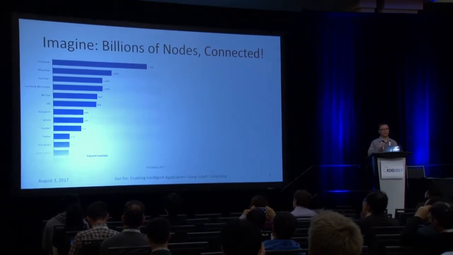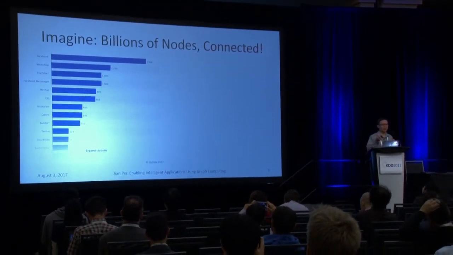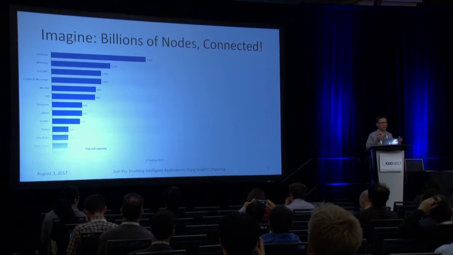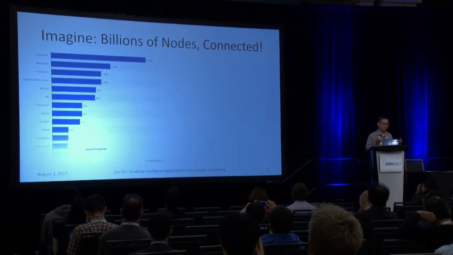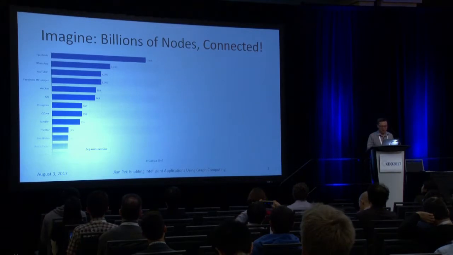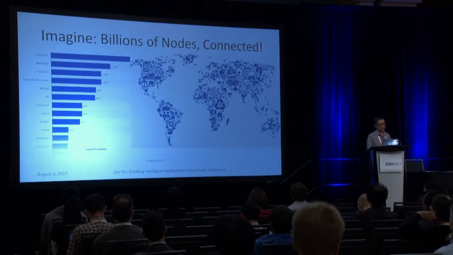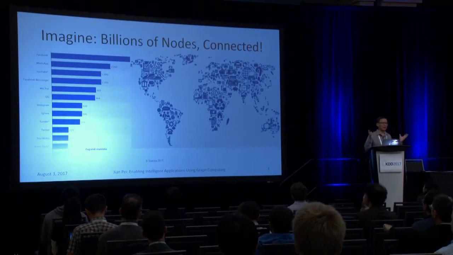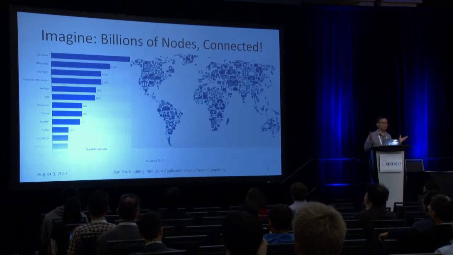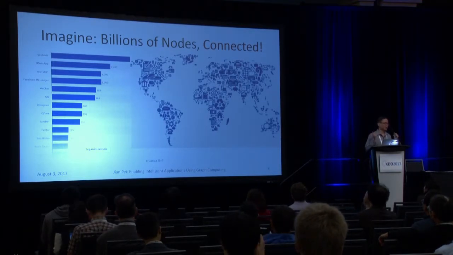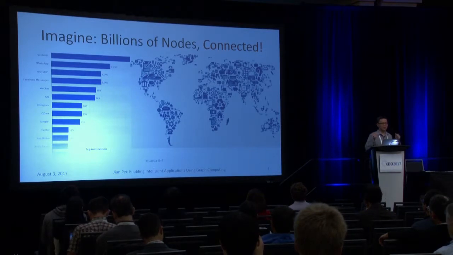For social media, if I have one person as a node and we only have several billion nodes, do we really need a scale larger than multiple billions? But the IoT, the Internet of Things, extends the scale dramatically. We now have the vision and the ambition to connect everything in the world, to share information.